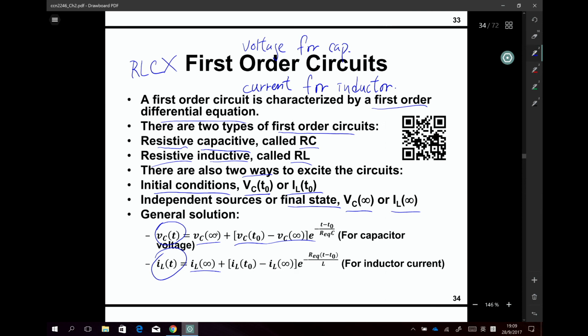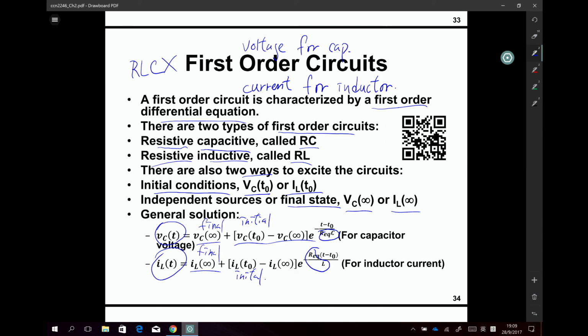Actually, Vc(infinity) or iL(infinity) means the final condition, and Vc(t0) and iL(t0) mean the initial condition. Together with the RC parameters and RL parameters, they are more or less the same.